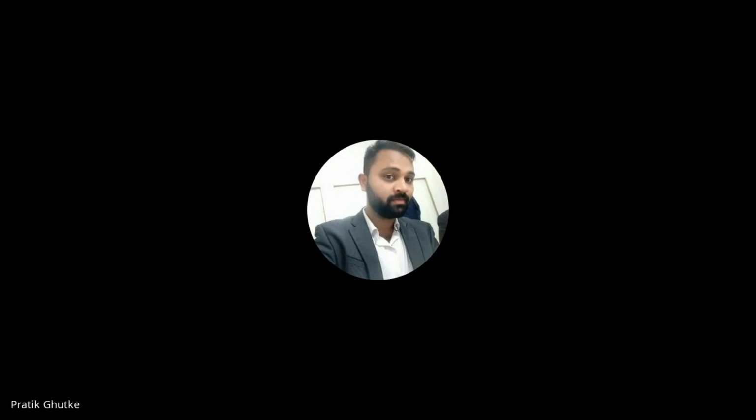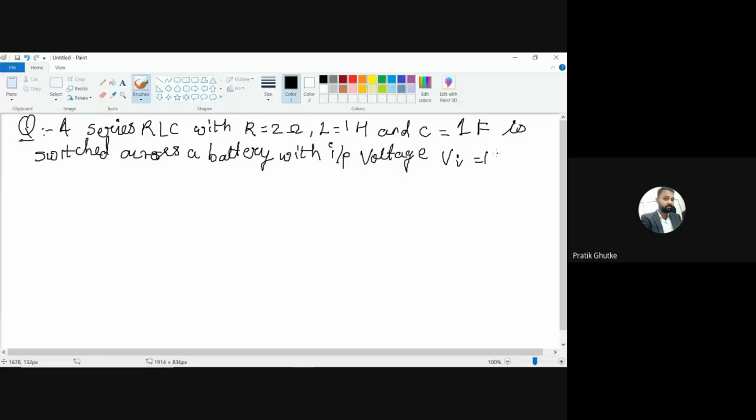The input voltage they have given is Vi equals to 10 volts, as shown in the figure.